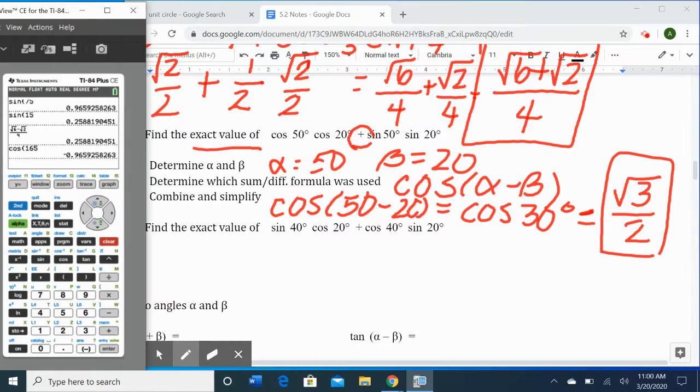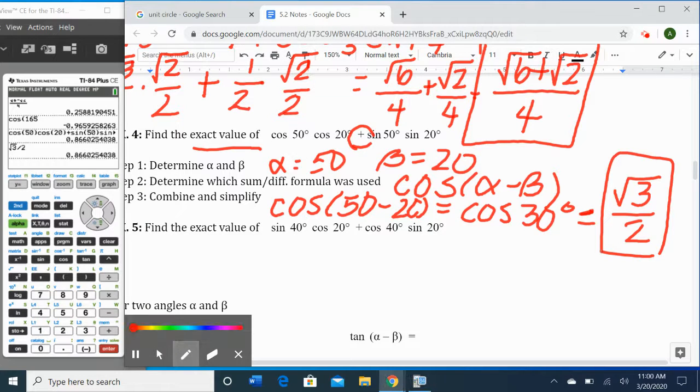So if I typed in cosine of 50 times cosine of 20 plus sine of 50 times sine of 20, I would get 0.866. And if I took the square root of 3 and divided it by 2, I'd get the same thing. So they don't want the decimal version. They want the exact value.